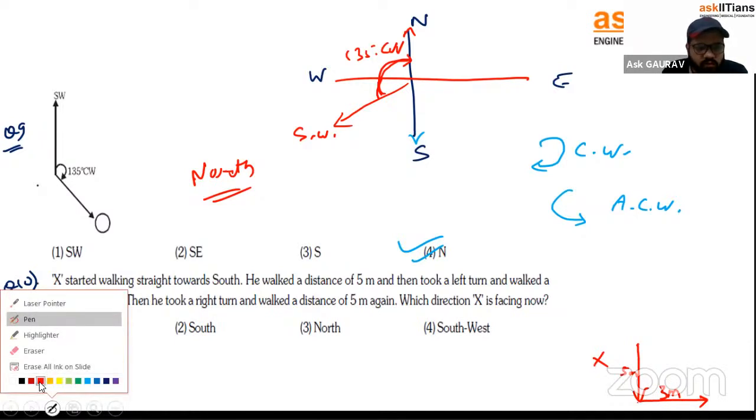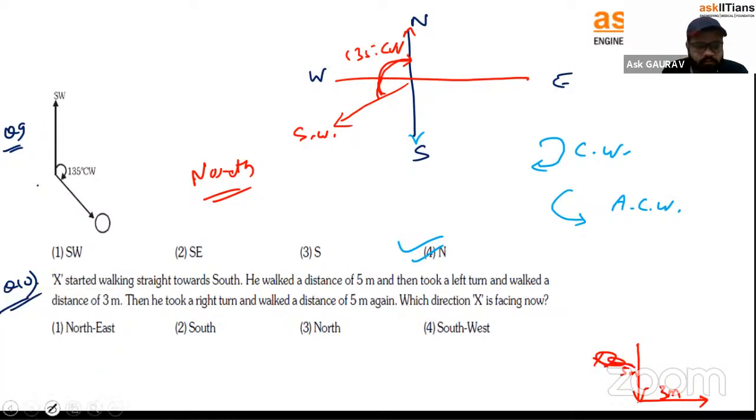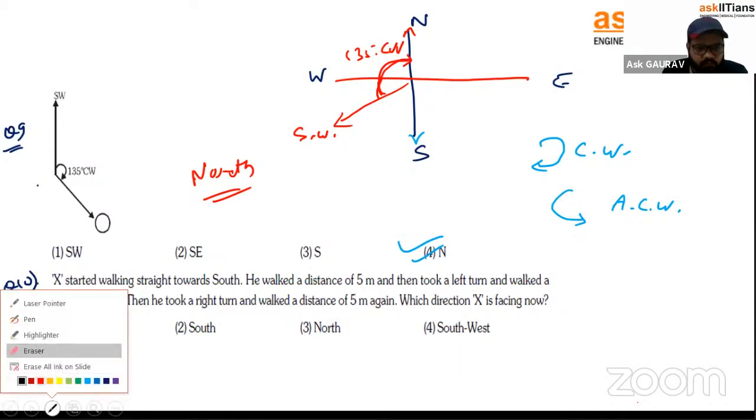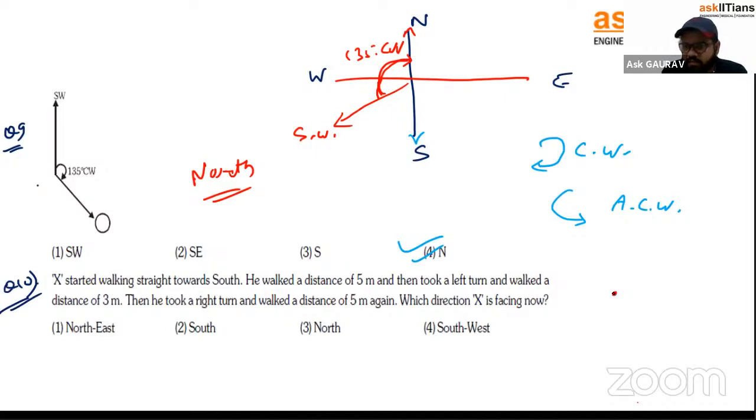Let me just show you the diagram. See, let's say this point is X. You're moving first to south 5 meters, and you took a left turn. The left turn for this will be like this, and walk 3 meters. Then he took a right turn.